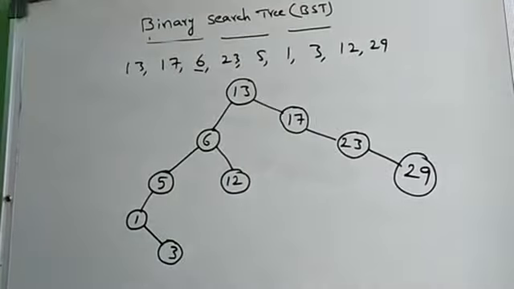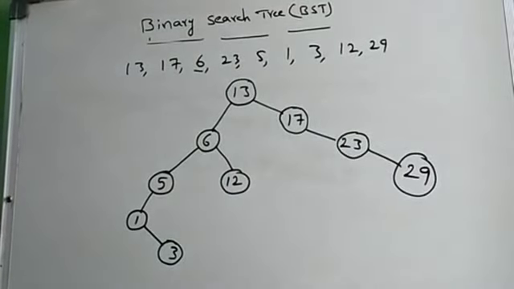Okay, so this is the way of adding every node according to the properties of the binary search tree. You know that there are three mandatory properties. One: if the node is the first node in the tree, it will act as the root, so there is no issue.